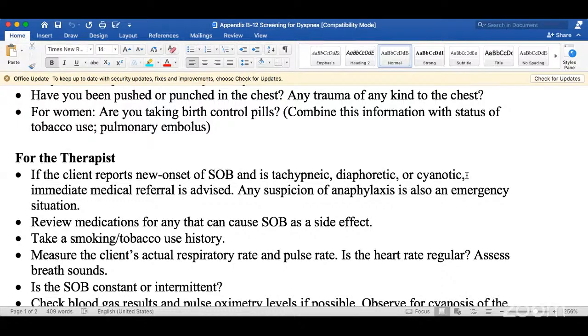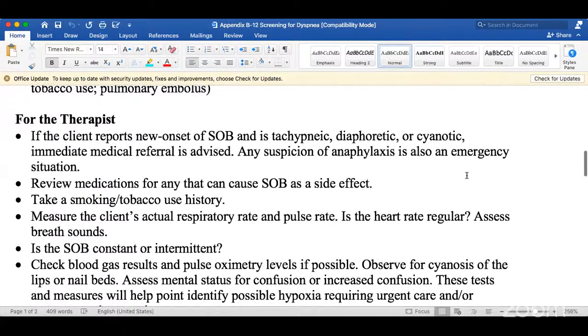When do you say this patient is cyanotic? When do you say the patient is diaphoretic or tachypneic? Very, very important, because the interpretation will not be correct if you have this information and the patient does not have that particular symptom. So you have immediate referral with this.